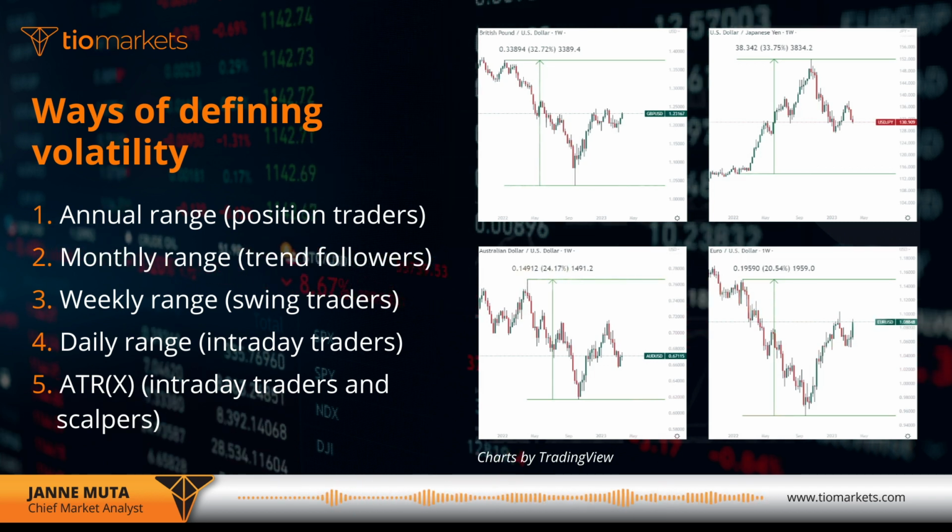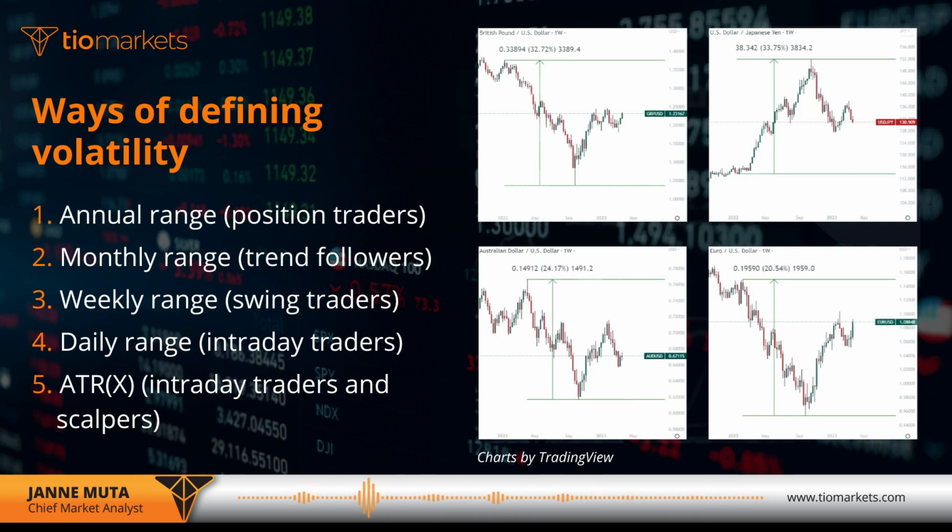Then if you are a scalper or an intraday trader, then you would be probably looking at the ATR indicator, say for instance 20 periods, and that would help you to understand how much the market usually moves or how much it has potential to move after you take the trade. It will impact where you place your stops and targets as well, but that's a topic for another video.